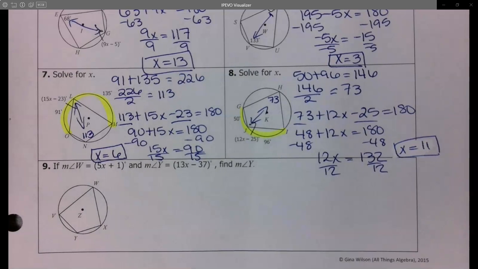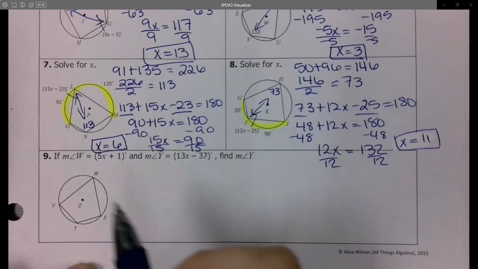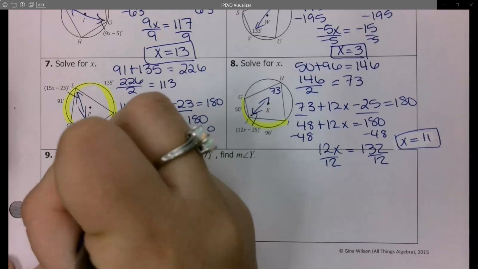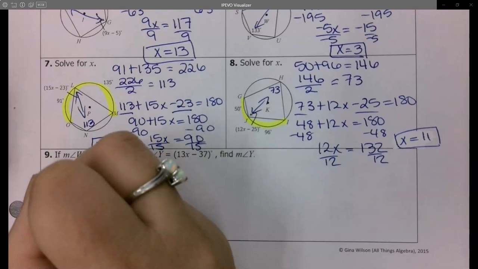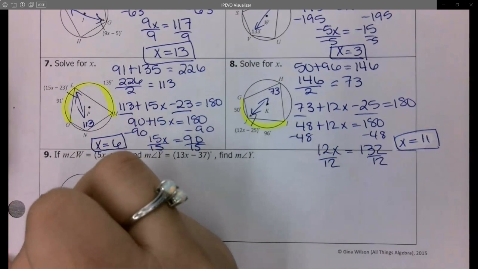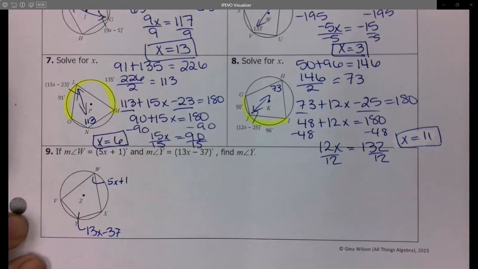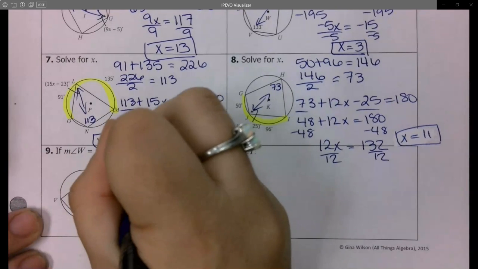Okay. So on number 9, it gives me two angles, and they're both across from each other, so I can plug in. This one is 5x plus 1. This one is 13x minus 37. So I can go ahead and start off by adding these together and setting it equal to 180.